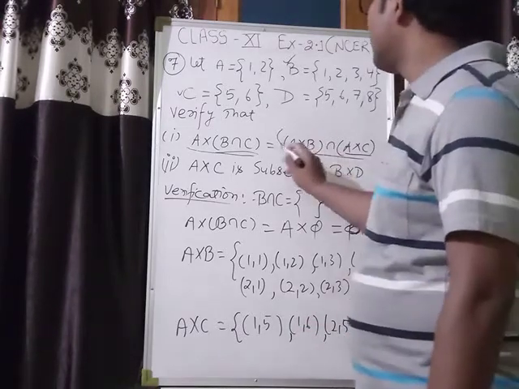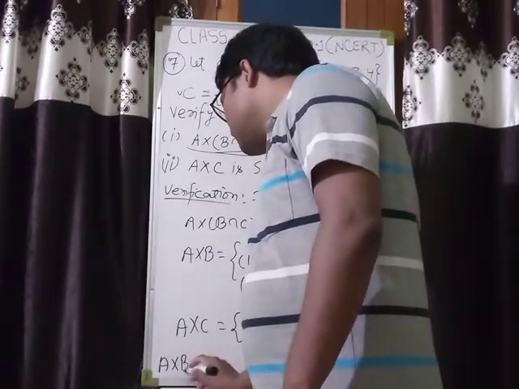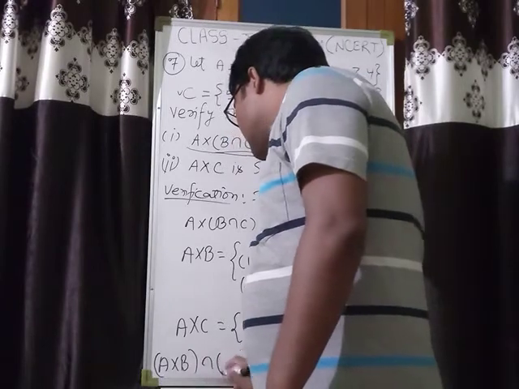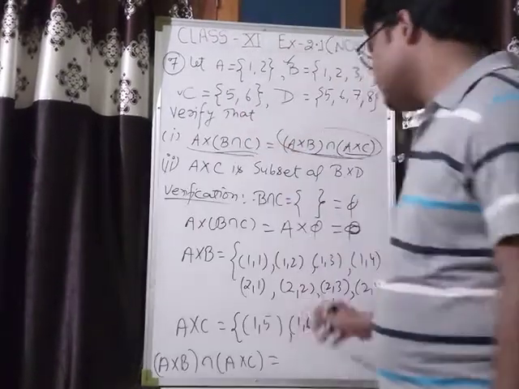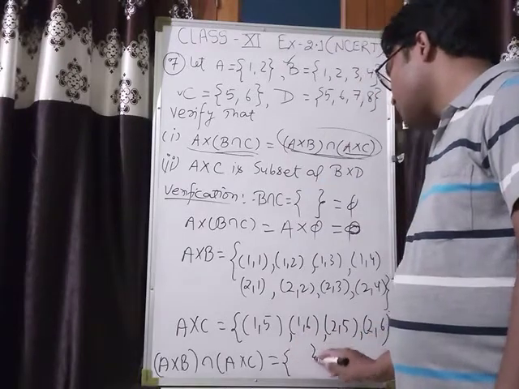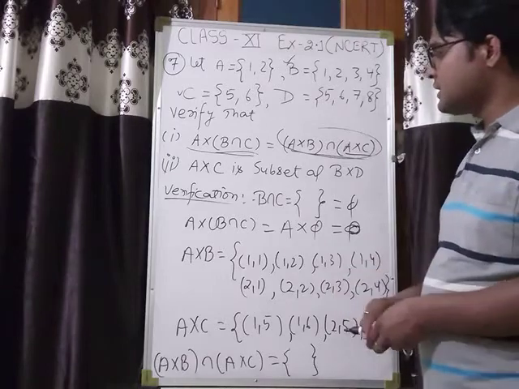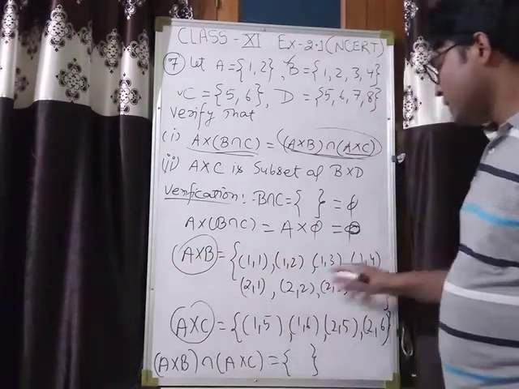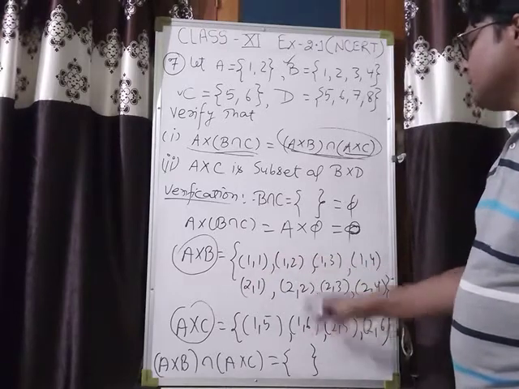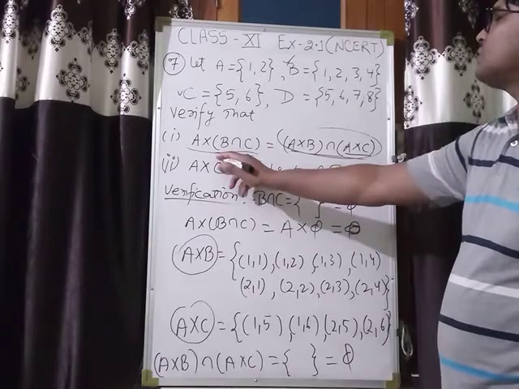Now we want to find their intersection, A Cartesian product B intersection A Cartesian product C. Now you can easily verify what the intersection of A cross B and A cross C will be. You can see there is no element common in these two, so it will be a null set. Clearly the left hand side is a null set and this one is also a null set.